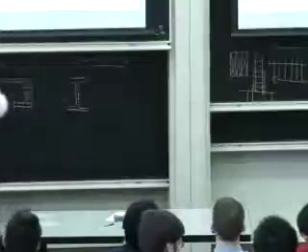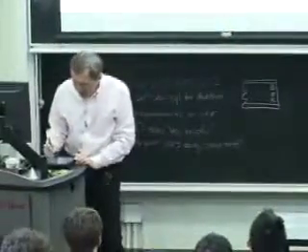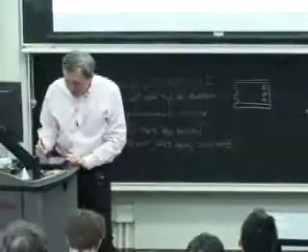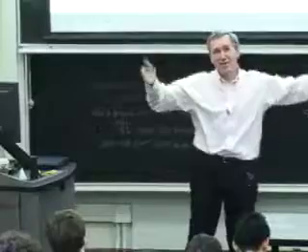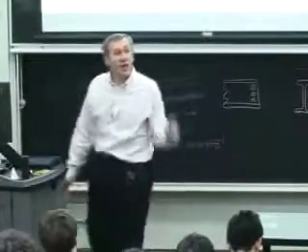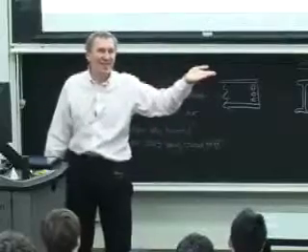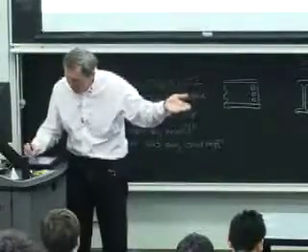How many possible combinations of 1, 0 values are there for these 5 variables? Well, there will be 2 to the 5th possible combinations, 2 to the 5th strings of length 5 with 1s and 0s in them. And I'll need a probability for every one of those except 1, because they have to sum to 1. So 2 to the 5th minus 1.